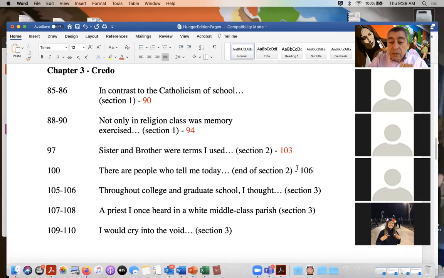Now section 3 of the book starts. I have page 105. It's 4 or 5 more pages: throughout college and graduate school is 112.